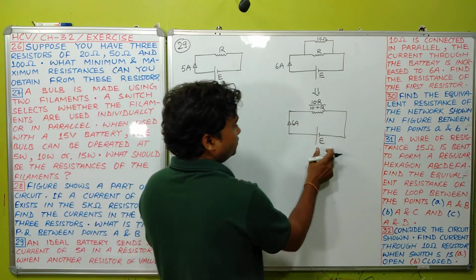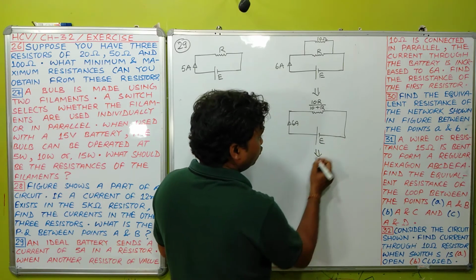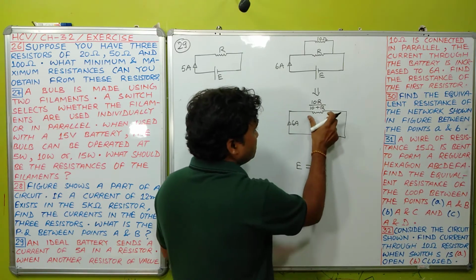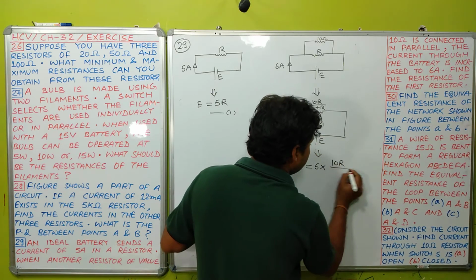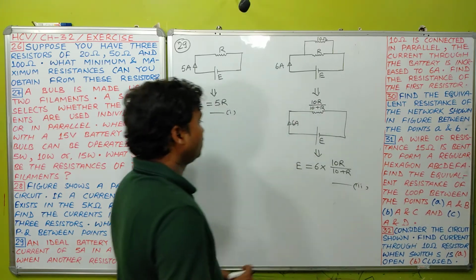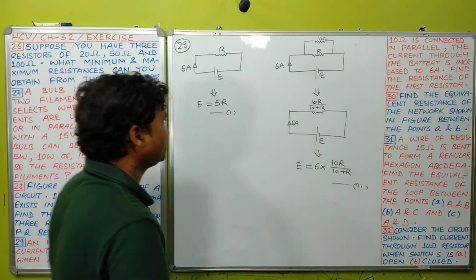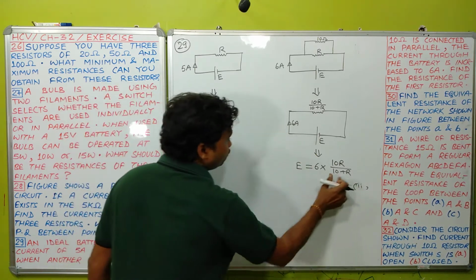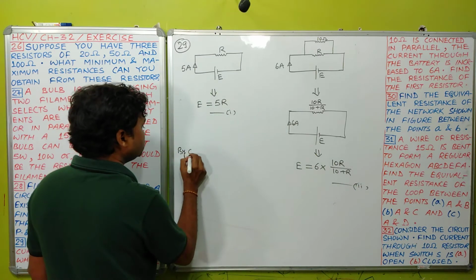Now from here we can write from Ohm's law V equals IR, E equals current flowing, 6, into equivalent resistance, 10 R divided by 10 plus R. Let this be equation 2. Now from equations 1 and 2 you can see E equals 5R and E equals this, means these two will be equal.